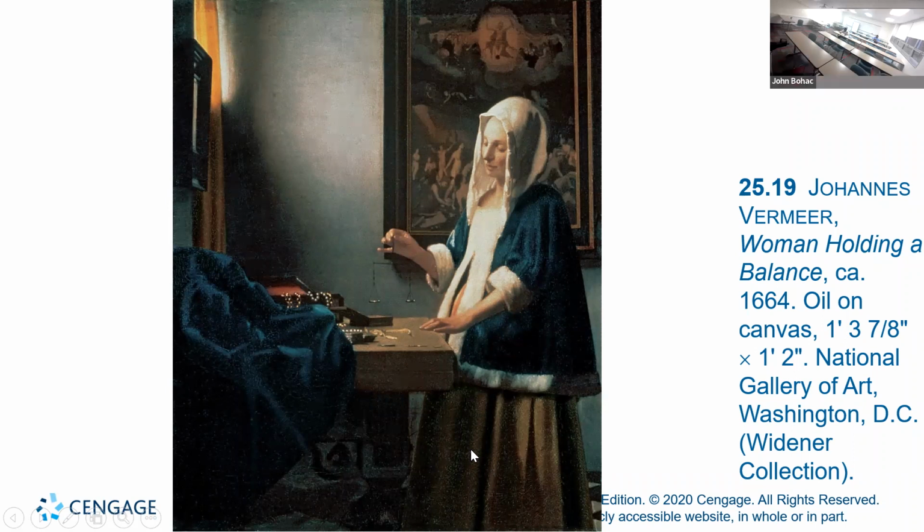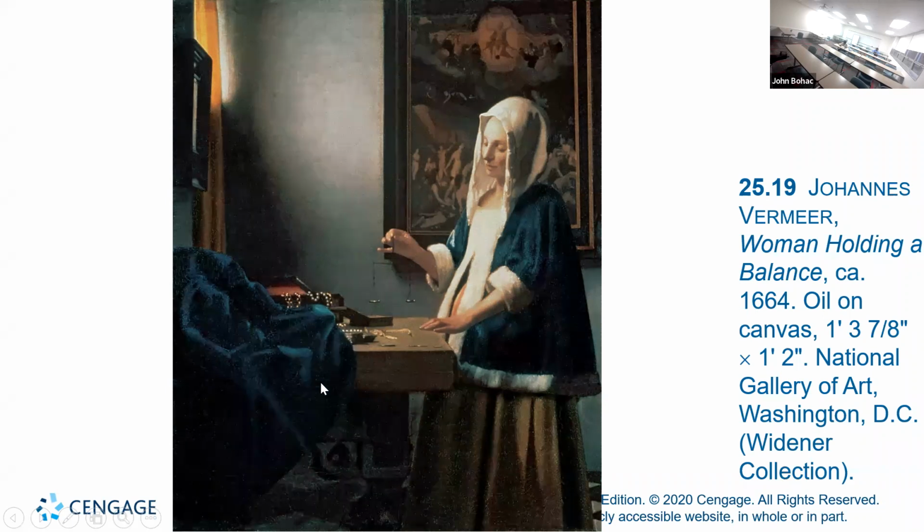This is a woman holding a balance. And you can see here what she's doing. It's kind of unclear, but it looks like she may be weighing pearls. Why would pearls be there? Well, in part because the Dutch had their ships out and they were trading around the world. And they were actually trading their tulip bulbs for pearls and so on.